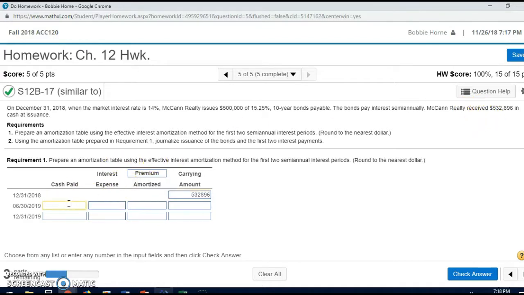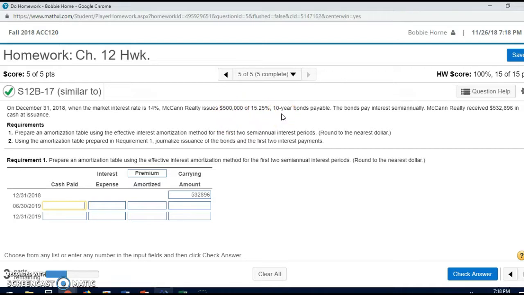So to calculate the cash payments for interest, you always use the face value, which is 500,000, and you're going to use the stated rate, not the market rate. So it's these three numbers here.